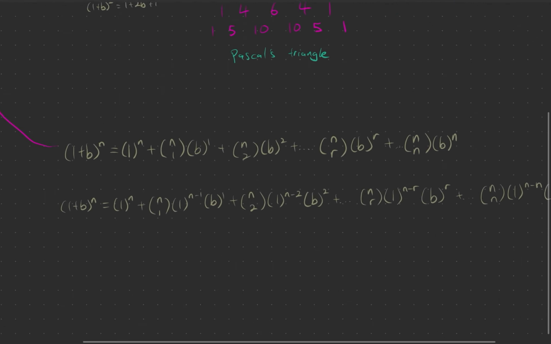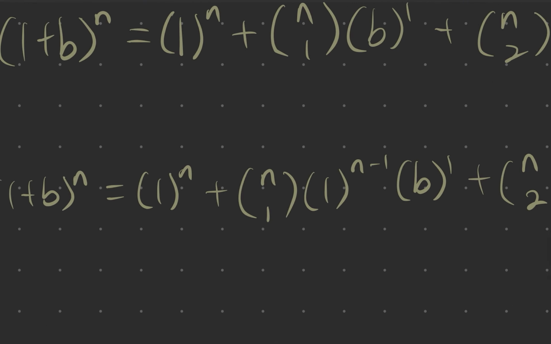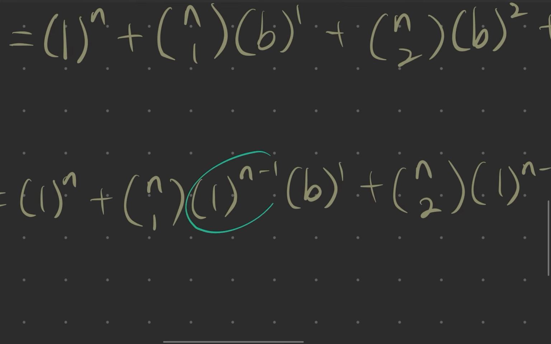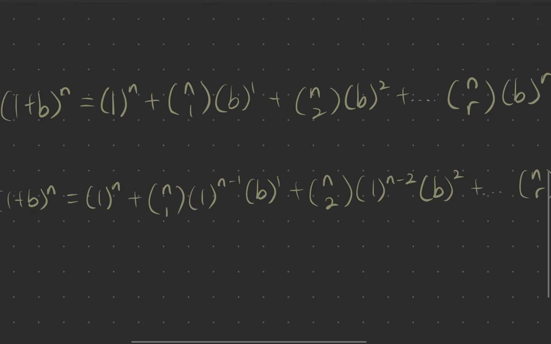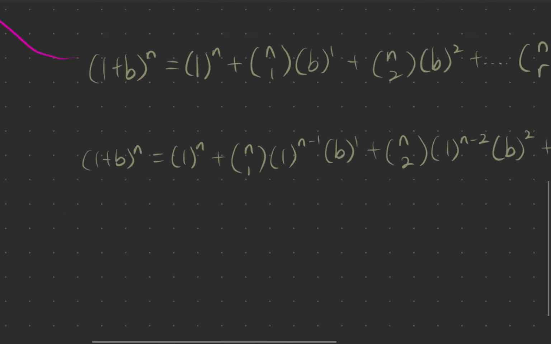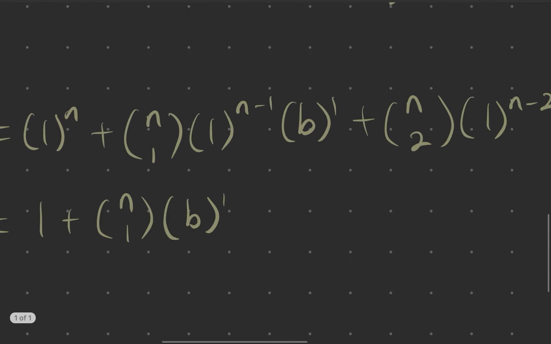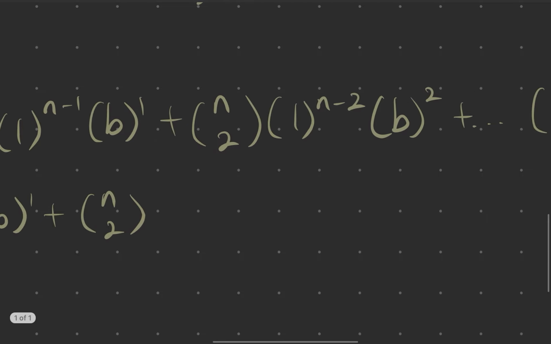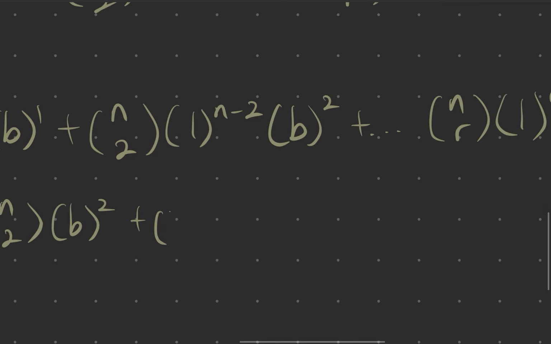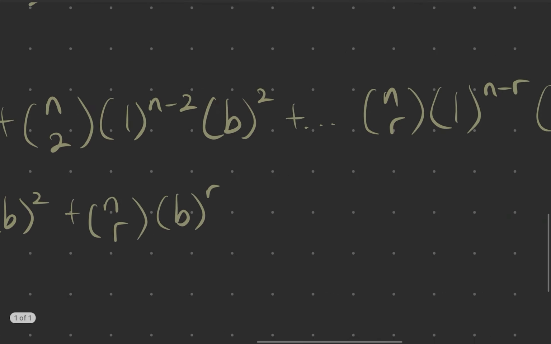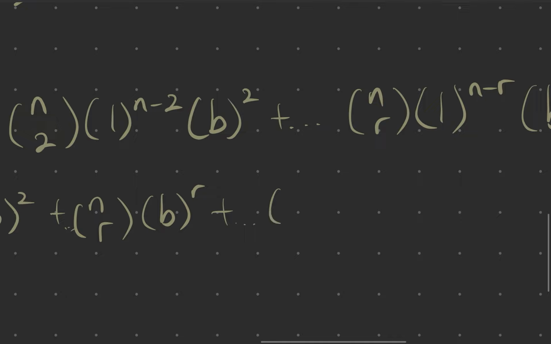So basically, our common knowledge tells us that 1 to the power of anything will equal 1. So 1^n is just 1, and then 1^(n-1) is still 1, and the same for the others. So if we simplify this down a little, we'll get 1 plus n choose 1 times b^1 plus n choose 2 times b^2 plus n choose r times b^r, and then n choose n times b^n.